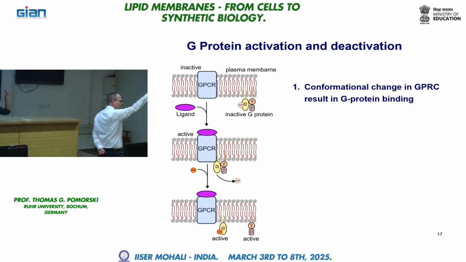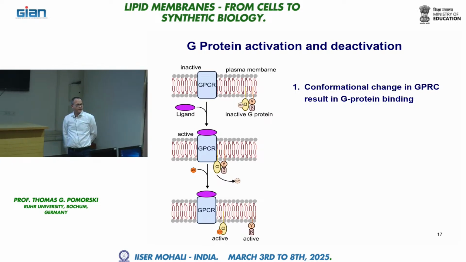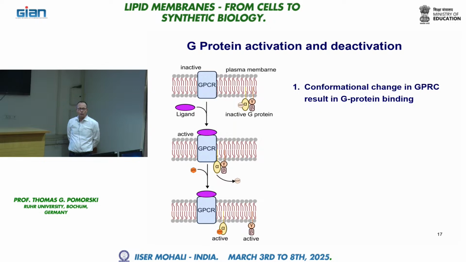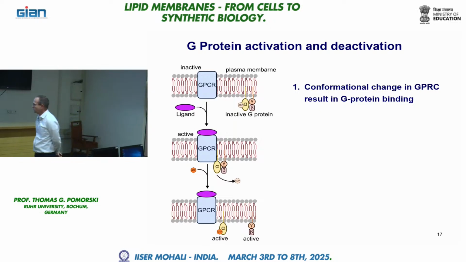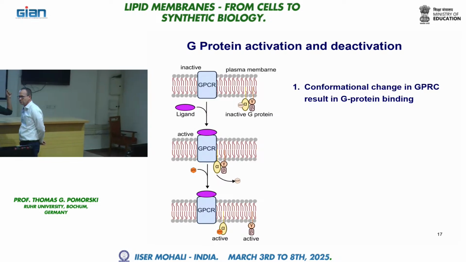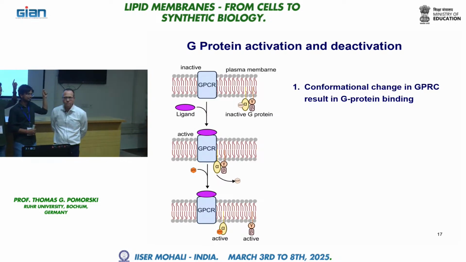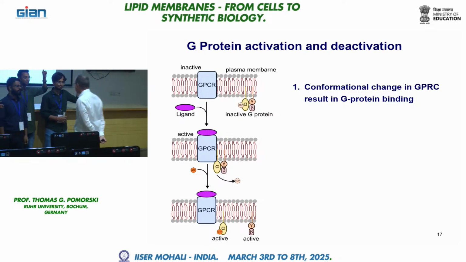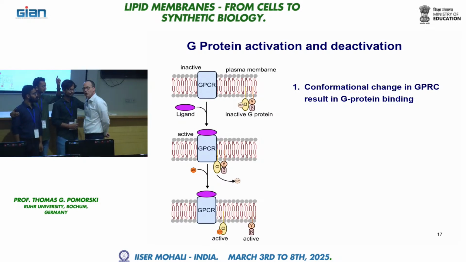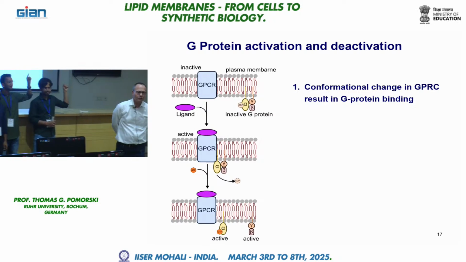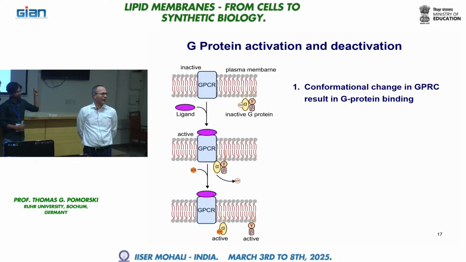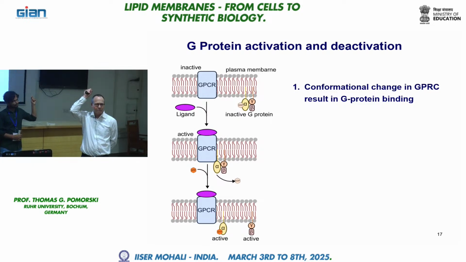So I would now be the receptor. I would also be able to move. Sometimes I could come to you, sometimes not. That's nothing spectacular, until the moment I bind a ligand.